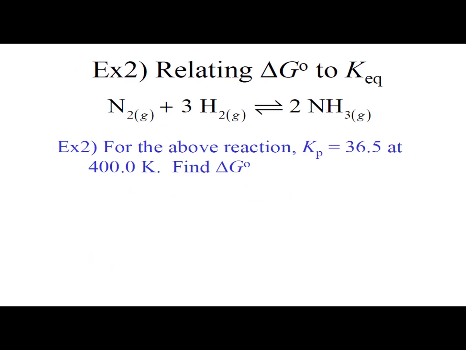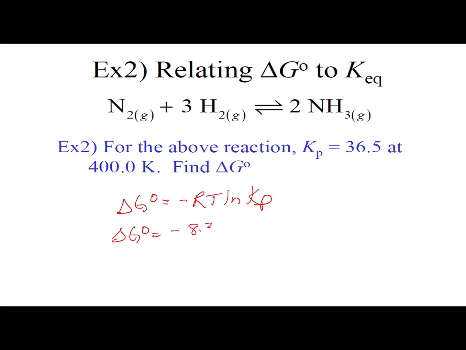Then for the above reaction, it gives you a Kp. It says the Kp equals 36.5 at 400 Kelvin. Find the delta G. So delta G0 is going to be equal to negative RT natural log of Kp.